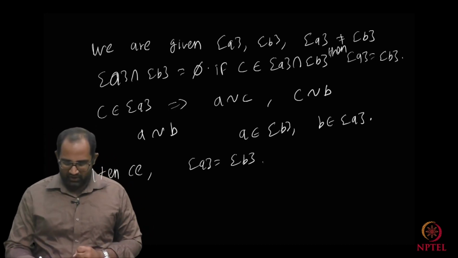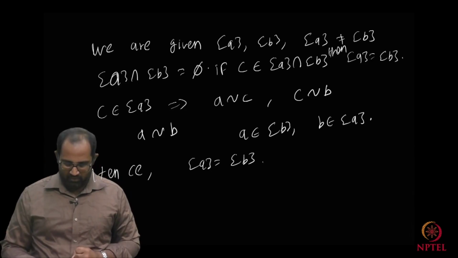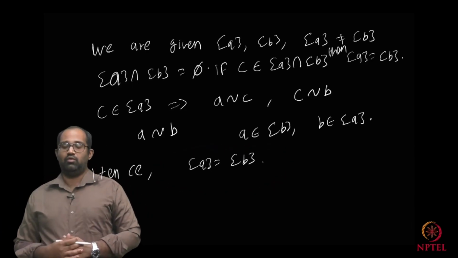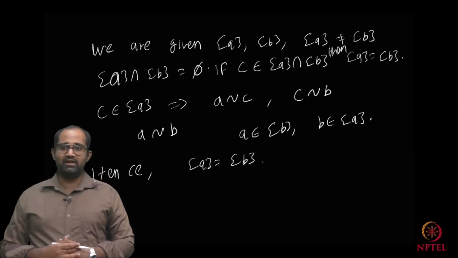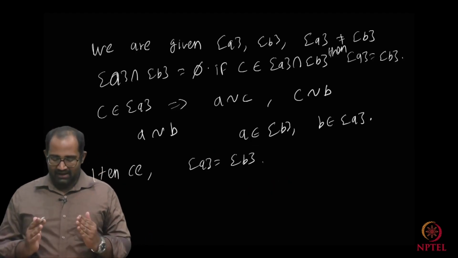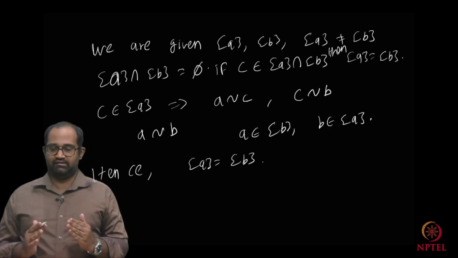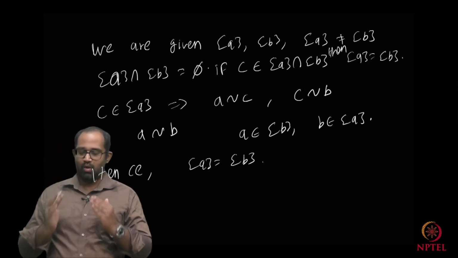Just figure out how I got this, that box A equals box B, from what we have established so far. So, what this shows is the moment you have one element in common between two equivalence classes, then both equivalence classes are one and the same.